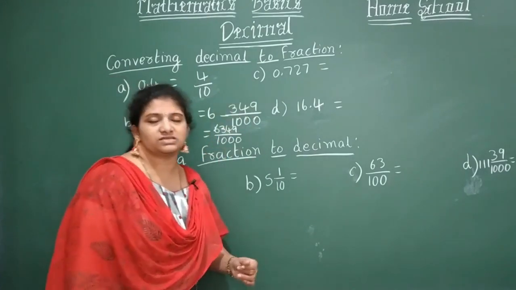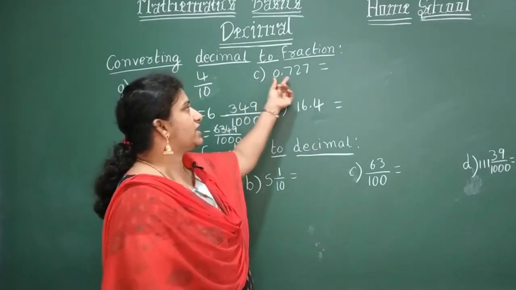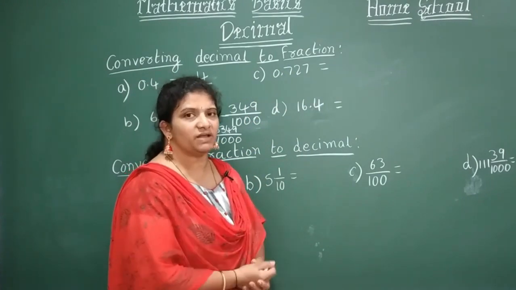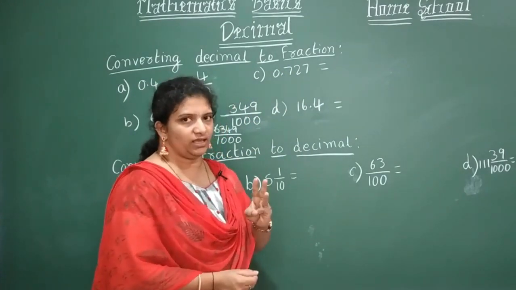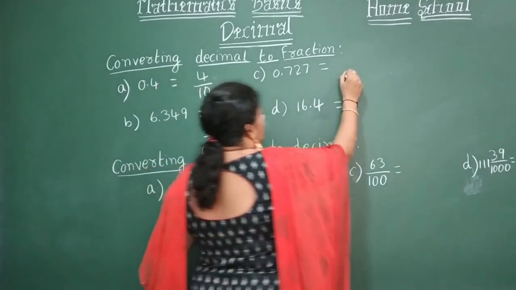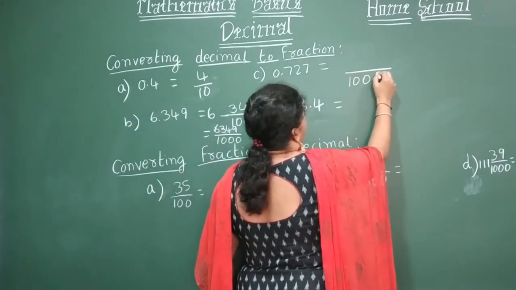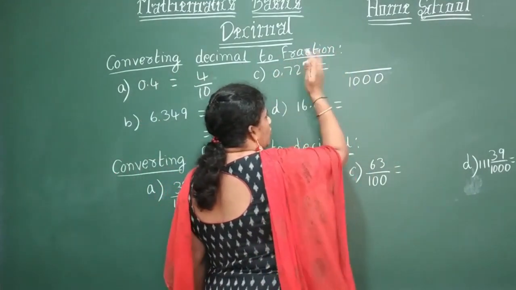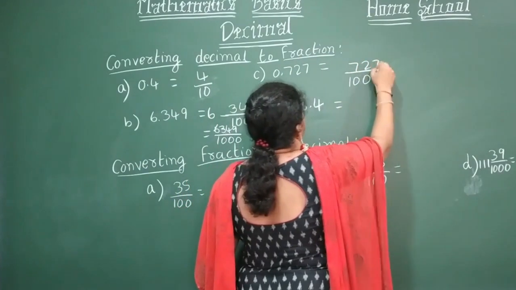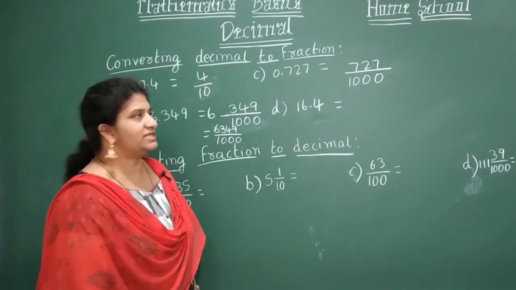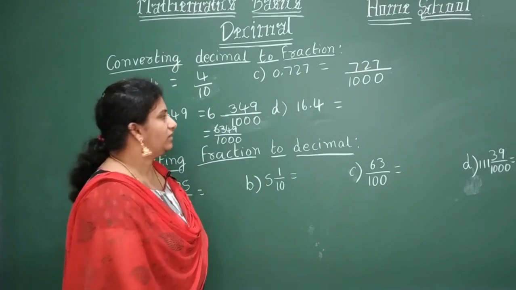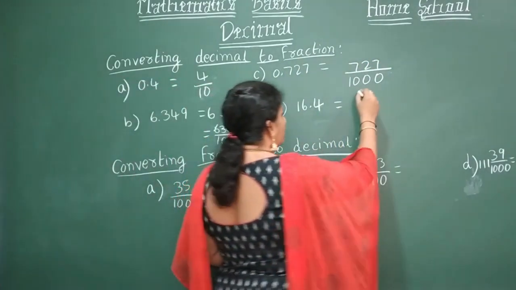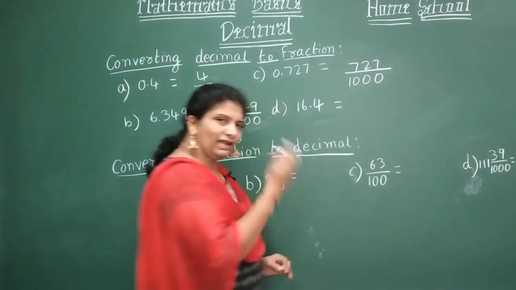So go to the C option here, children. 0.727. After the decimal point, how many decimal places do we have here? 3, right? So in the denominator, you write 3 zeros followed by a 1, which makes 1000. In the numerator, there is no whole number, right? So write the decimal number, 727 by 1000. Now 16.4 you have to convert. How do you convert, children? If you want, you can convert directly.